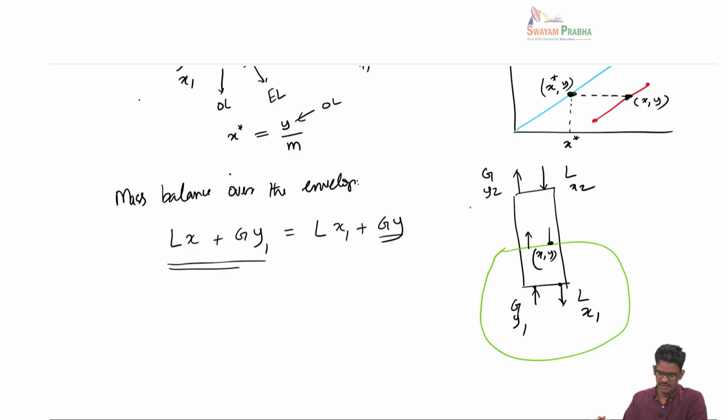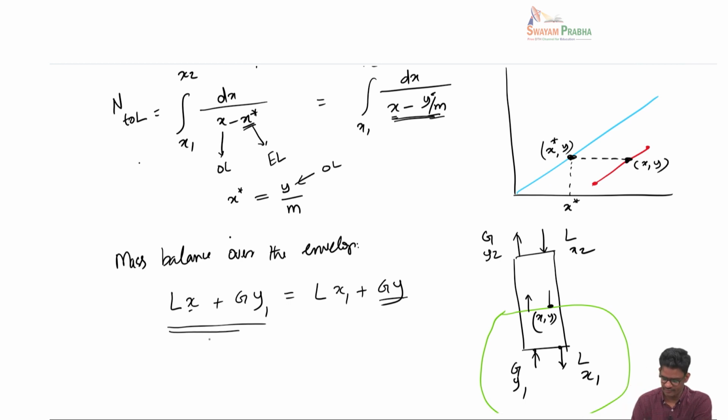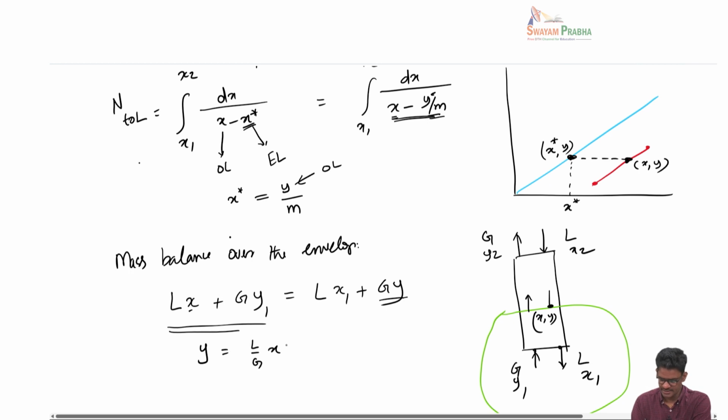So from here, what we want is the relationship between x and y, so that I can substitute for y in terms of x. So let's find out what is y by m from this equation. So y is equal to L by G x plus y1 minus L by G x1.